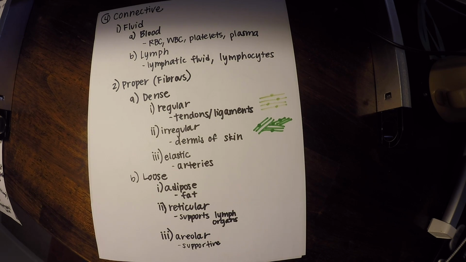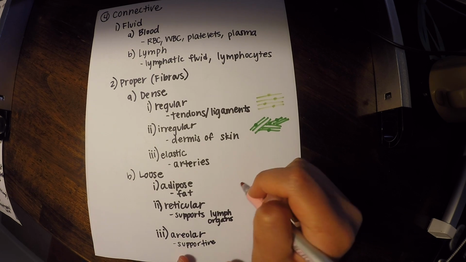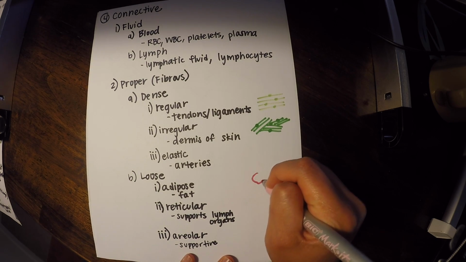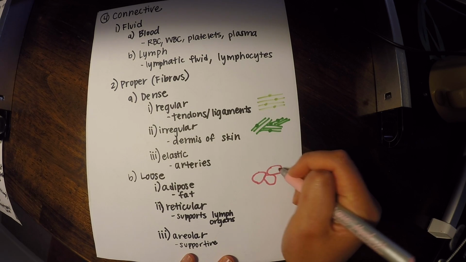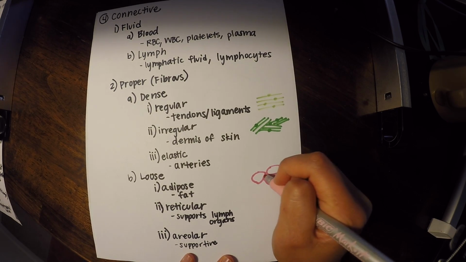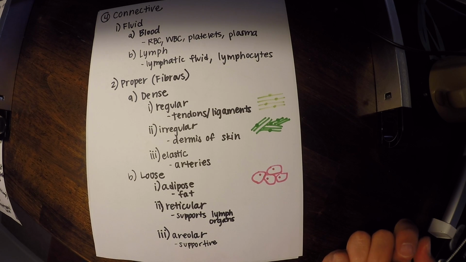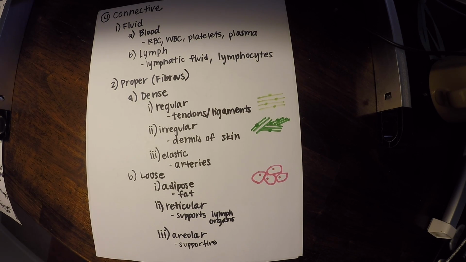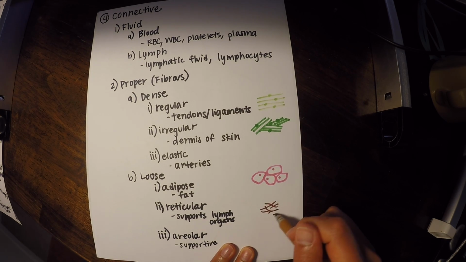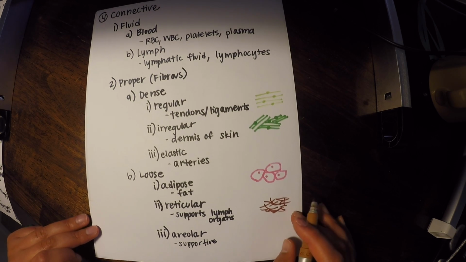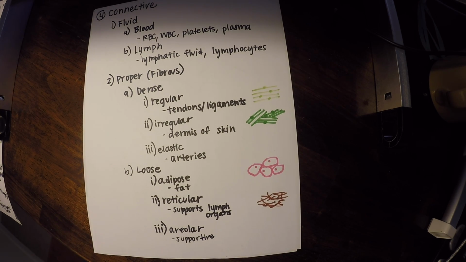Now let's draw a picture of these different types of tissues. So adipose is going to have a very signature look. It's going to kind of be like big blobs like that with a nucleus in them. Reticular is going to be a bit messier, and it is going to be honestly just a bunch of tissues that are all organized in a seemingly random fashion because they're there essentially for support.